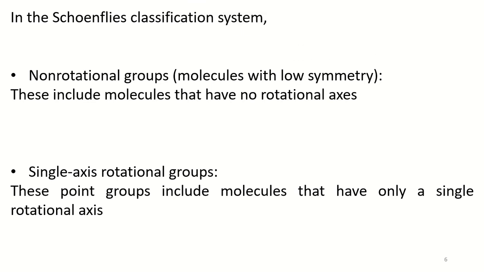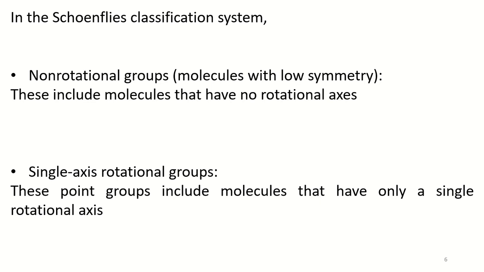The next one is single axis rotation groups. The second classification in the Schoenflies system is the single axis rotational groups. These point groups include molecules that have only a single rotational axis.